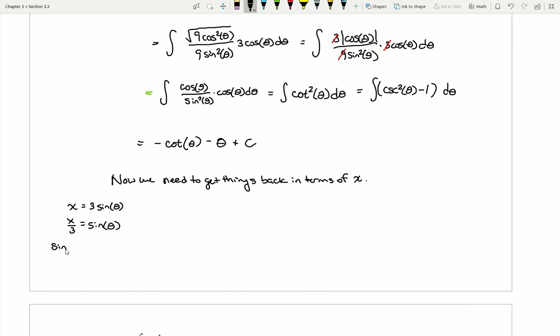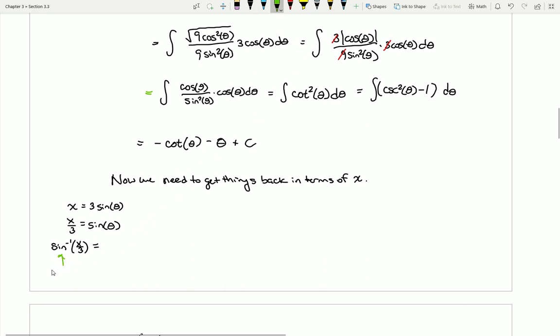What would the inverse sine of x over 3 actually equal? Now, it's very tempting to just say theta, but you have to remember something. Inverse trig functions can only make angles from certain ranges.